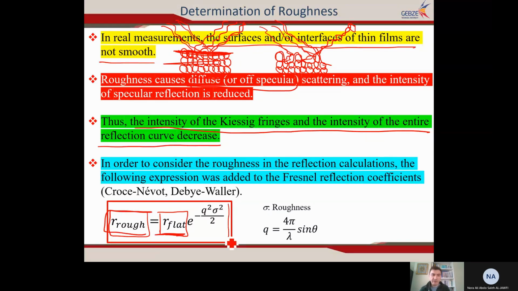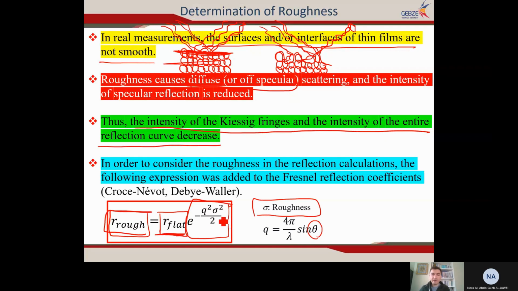You have to consider this part here, e to the power of minus Q square times sigma square over 2. What is Q? This is related to theta, okay? Angle or scattering vector, you can use both of them. Sigma is the roughness, and Q includes theta.